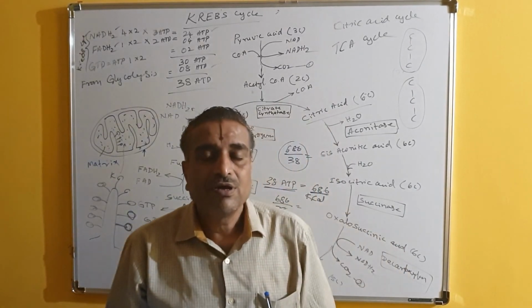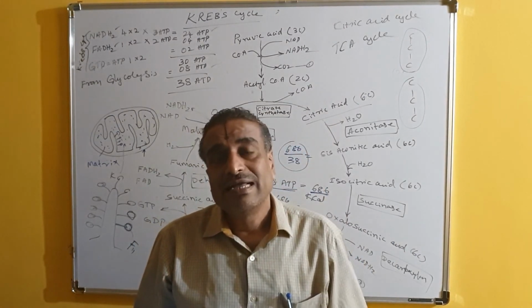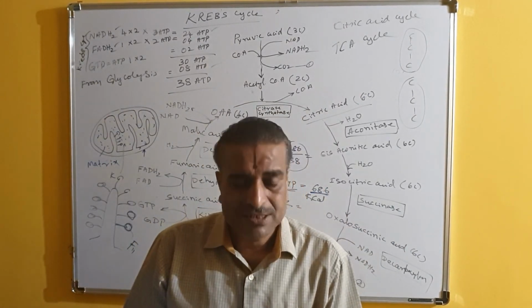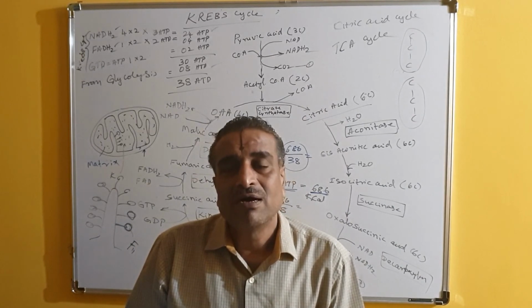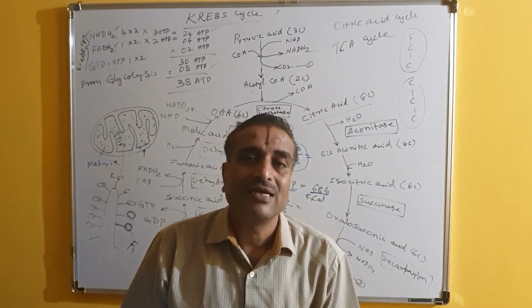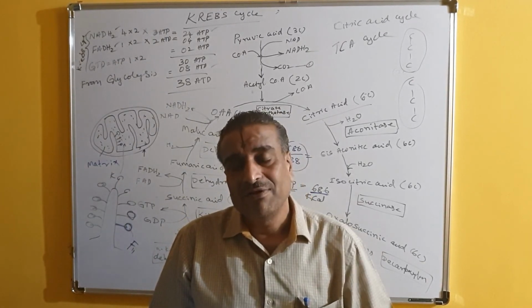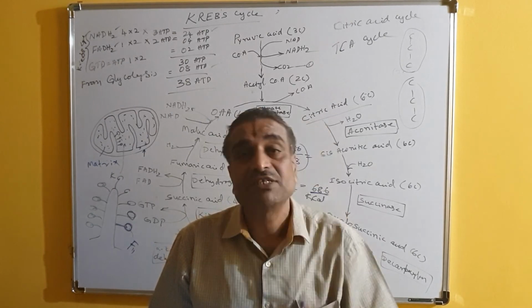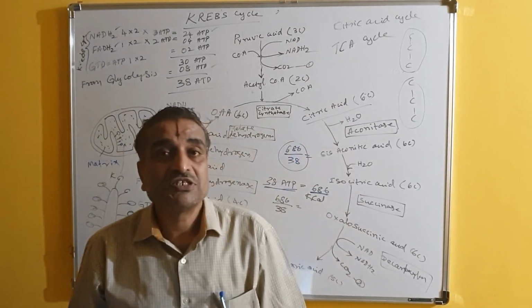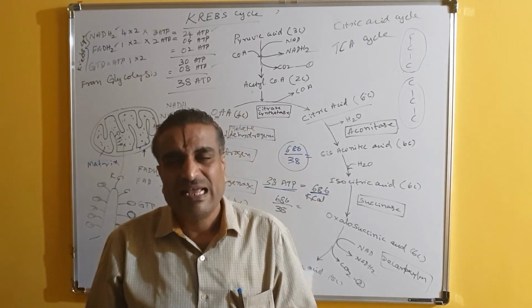Okay, so this part I have completed so far. In the next video class, I am going to deal with the most important part, the ETS cycle. After the ETS cycle, I will be dealing with anaerobic respiration. What is anaerobic respiration? How many types of anaerobic respiration are there? What are the alternate names for that?